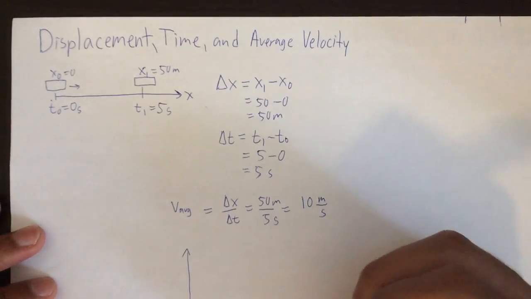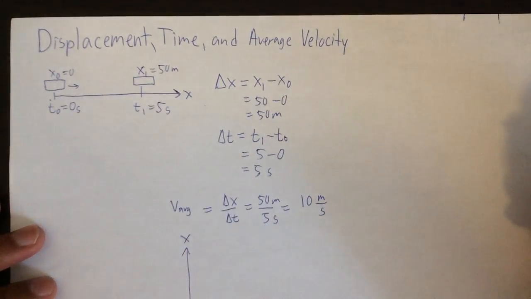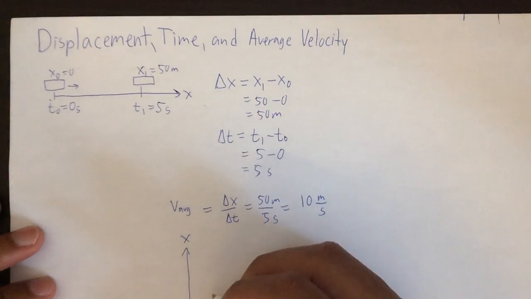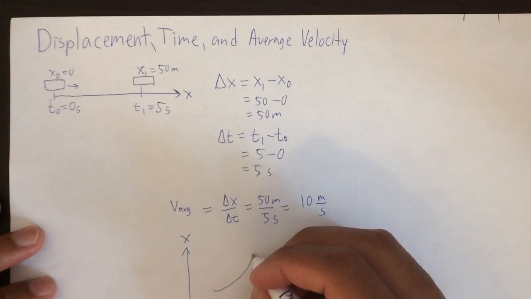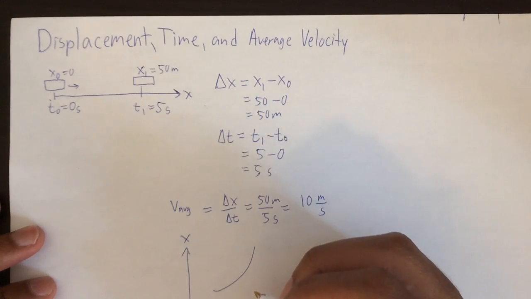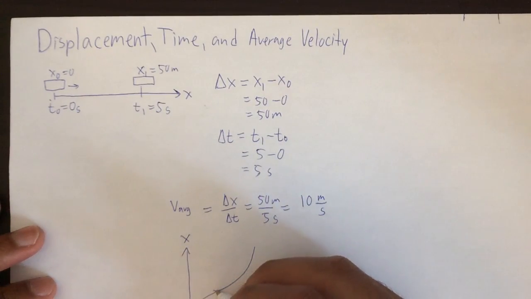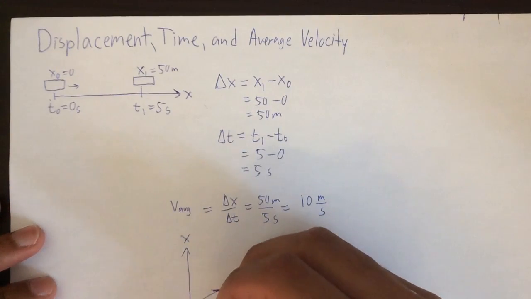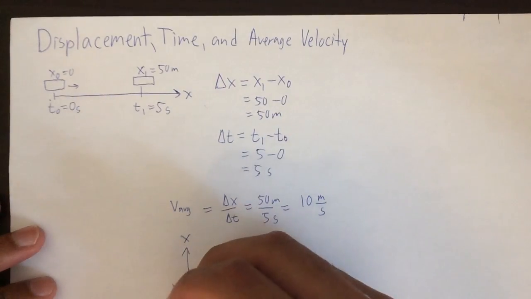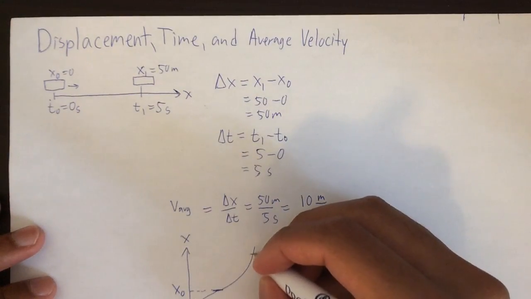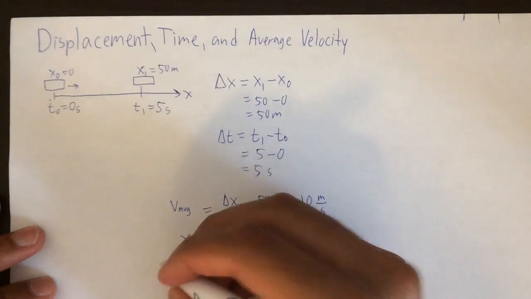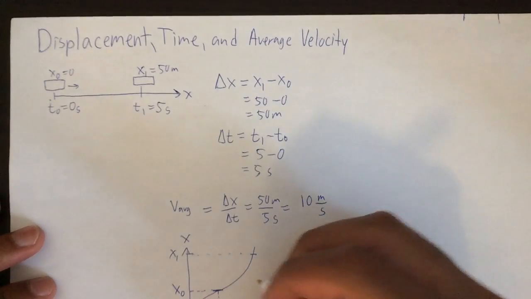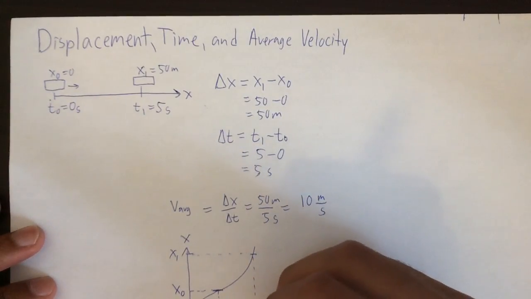If you make this t and make this x, and you say that you have some kind of curve that looks like this, and that starts from here, and let's say this point here is x naught, and this point here is x1, and this point here is t0, this point here is t1.